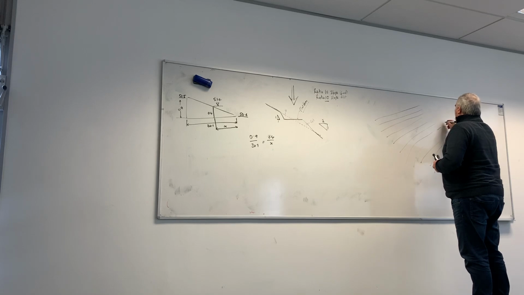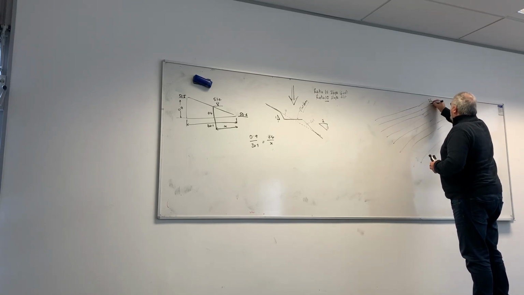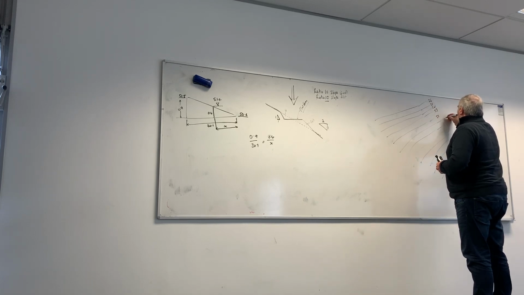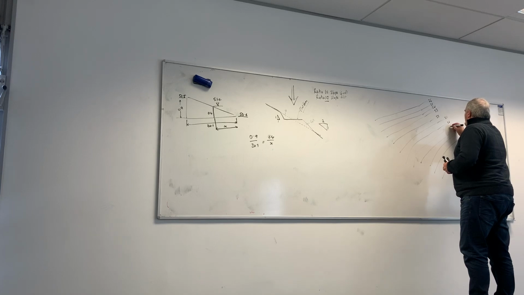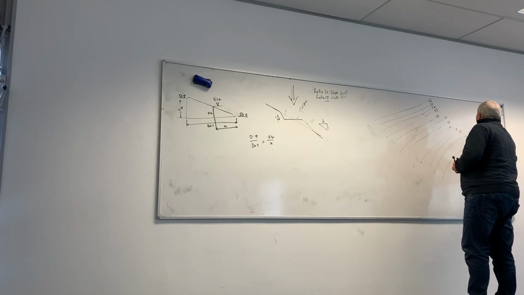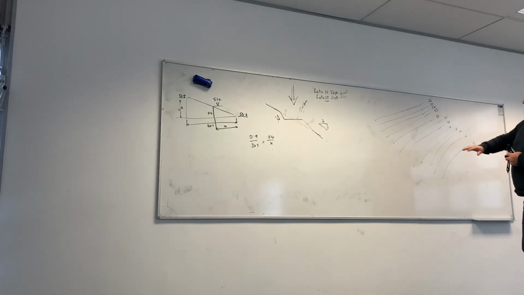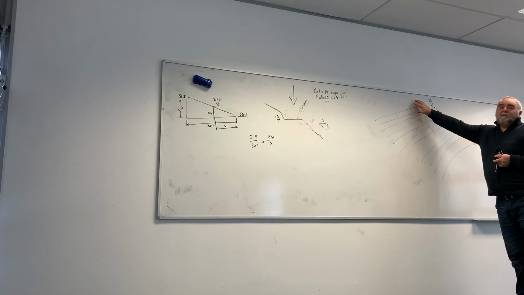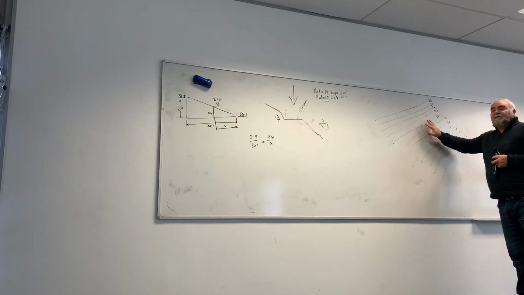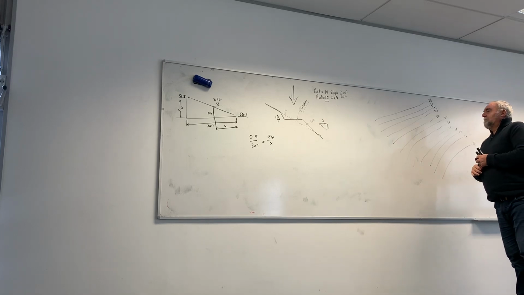Let's put some numbers by them. 26, 25, 24, 23, 22, 21, 20, 19, 18, 17, 16, 15, that's enough. So you can see that that's the top of the bank at 26 metres above sea level, and it's dropped down to 15 metres above sea level in plan view.